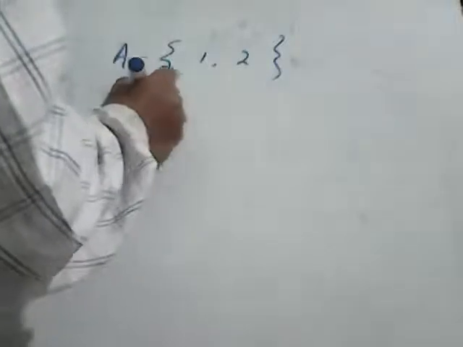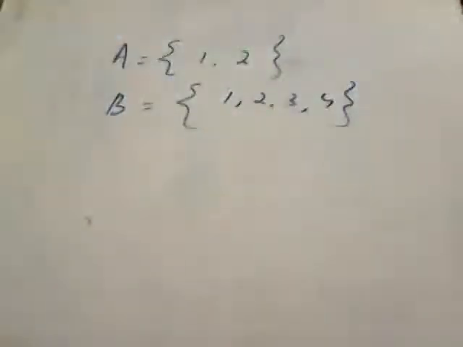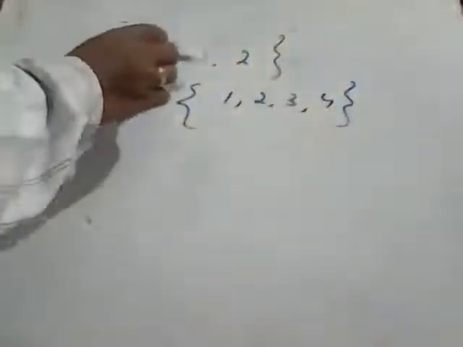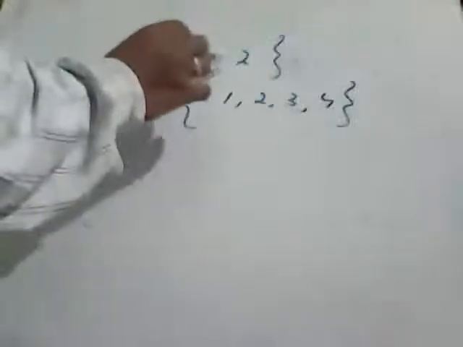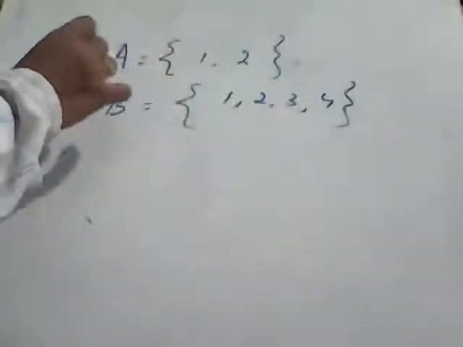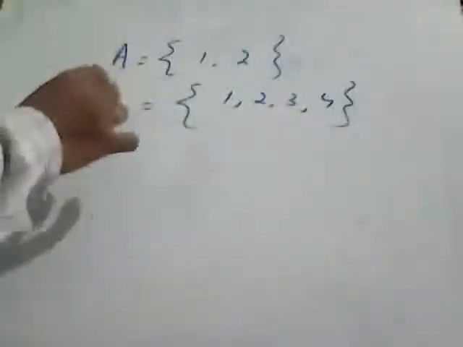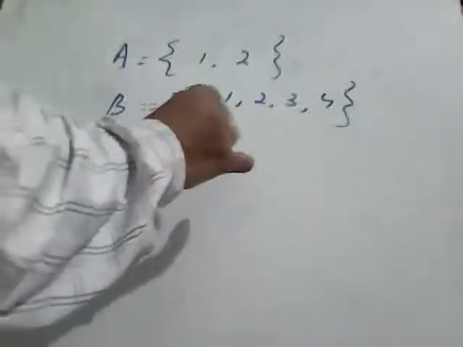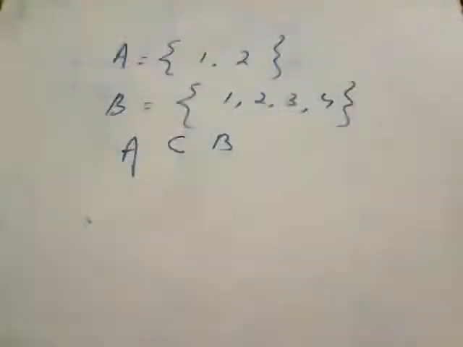Here A is a set: 1, 2. B is a set: 1, 2, 3, 4, like this. Now you observe, element 1 is present in B, element 2 is present in B. I mean all the elements of A are present in B. Hence A is a subset of B. Now tell me, is B a subset of A?